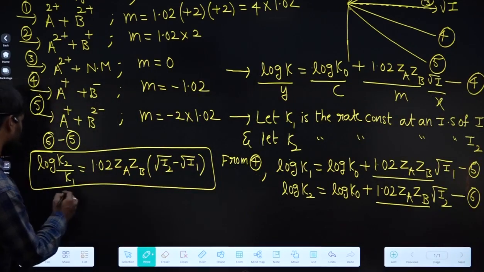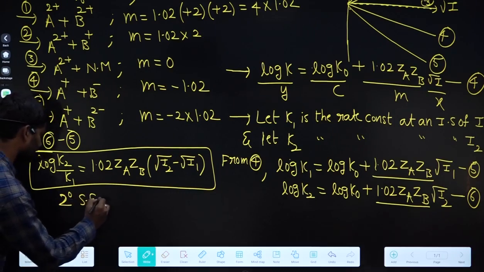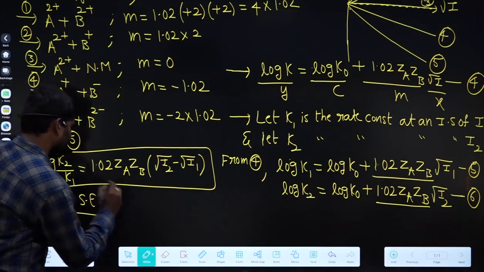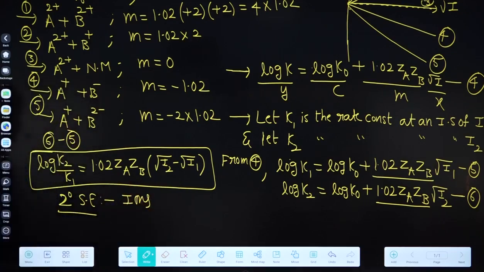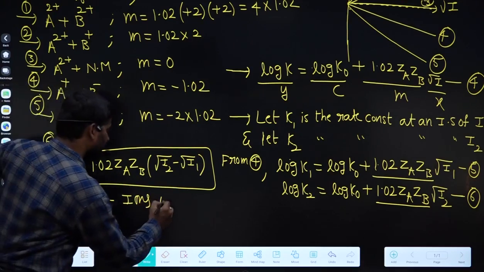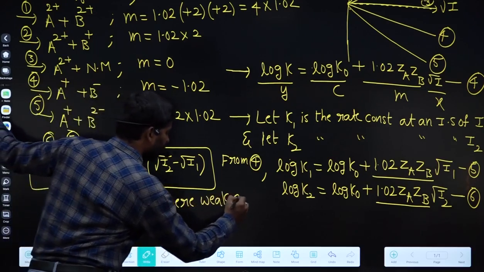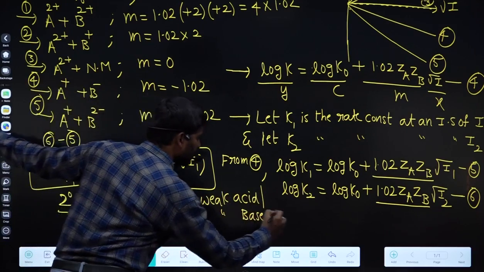I explained briefly the secondary salt effect, and the primary salt effect is important. The secondary salt effect is also observed in the case of reactions involving ions, where a weak acid or weak base is used as catalyst.